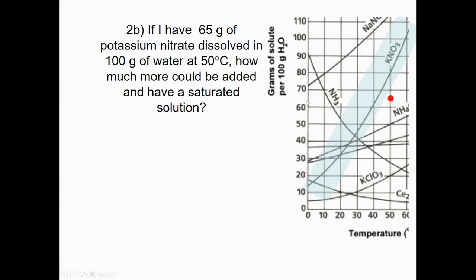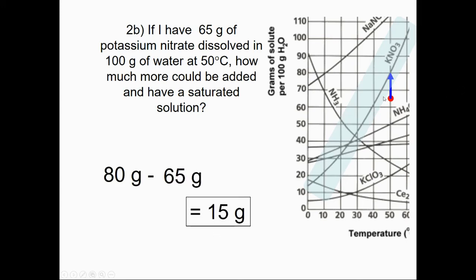How much more can be added to have a saturated solution? How much more can we add to get to this point right here, to get to that 80? We're at 65 and we want to get to 80. 80 minus 65 gives you 15. Sorry, I said 55 earlier, I meant 65.